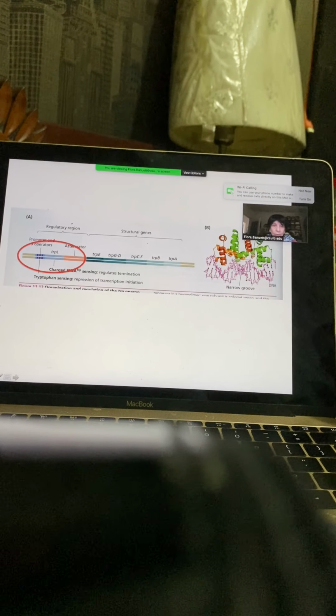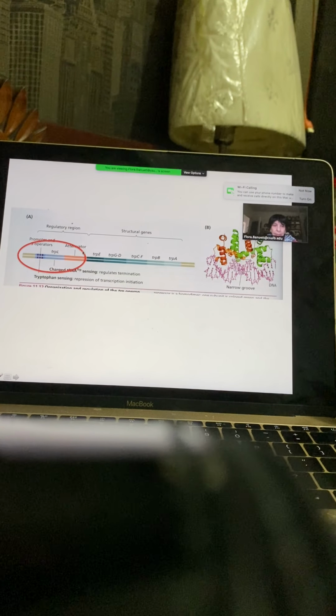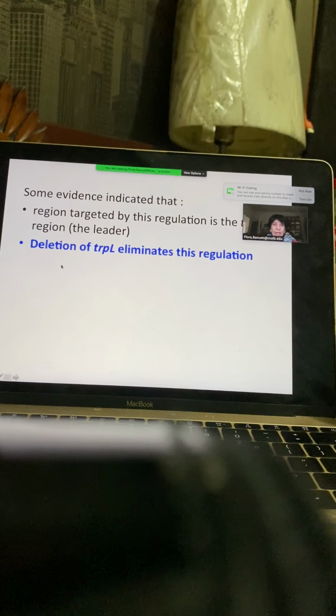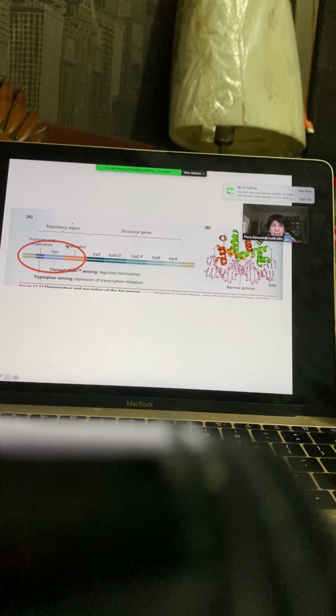Okay, so it's this region here. If you delete the TRP-L region, this is an attenuated region, now you will eliminate this type of regulation that senses the concentration of TRP.